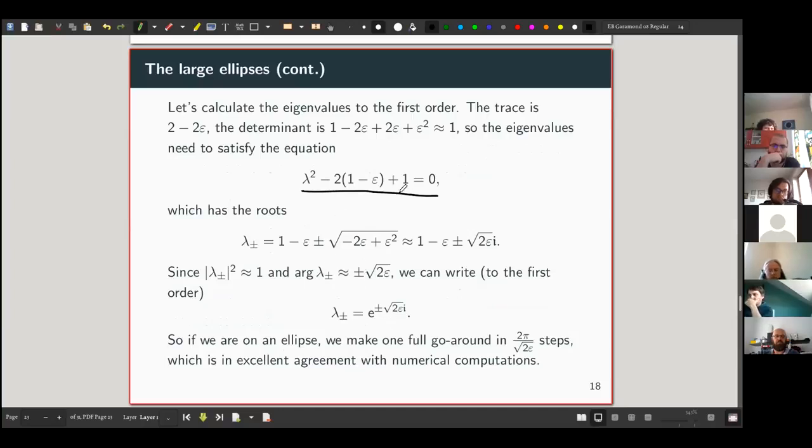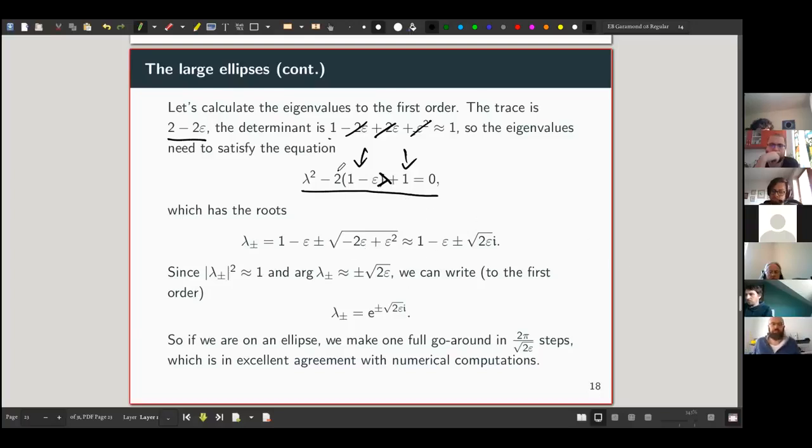So here in the determinant, for instance, we just neglect the epsilon squared, and in the first order, these two cancel. So the determinant is just 1, and it goes in here. And the trace 2 minus 2 epsilon goes in here, and I have missed a lambda in here, so that is a typo, but the lambda should be in here.